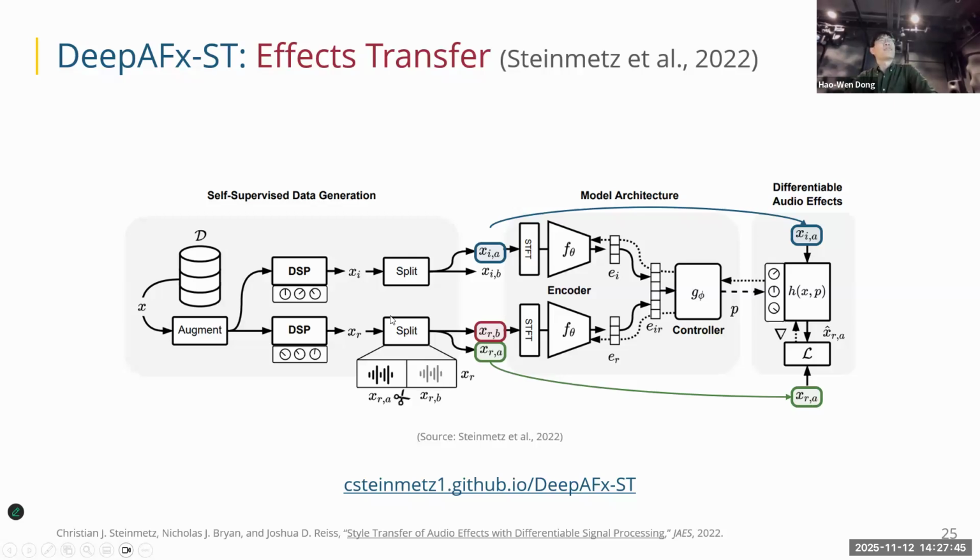You want to grab XRB's effect and apply it to XIA so that it throws XIA to XRA. Well, that's tough. I think I messed up similarly last year. So the idea is that you take the first part of this input, you have the reference, you take somewhere later in that reference file, grab the parameters from it, and apply them to XIA. Then technically XIA should sound similar to XRA.